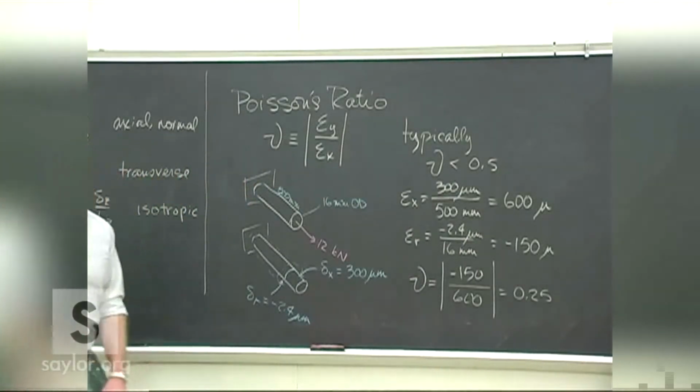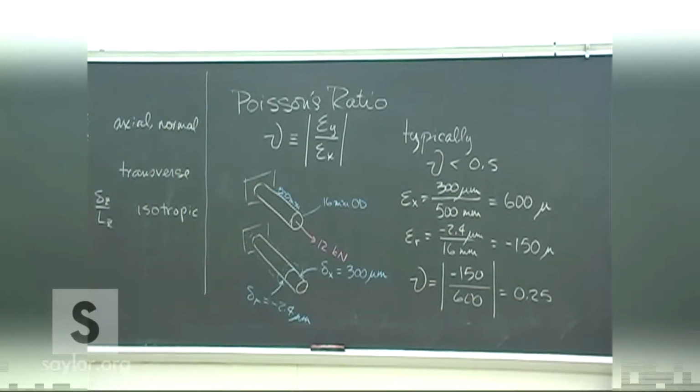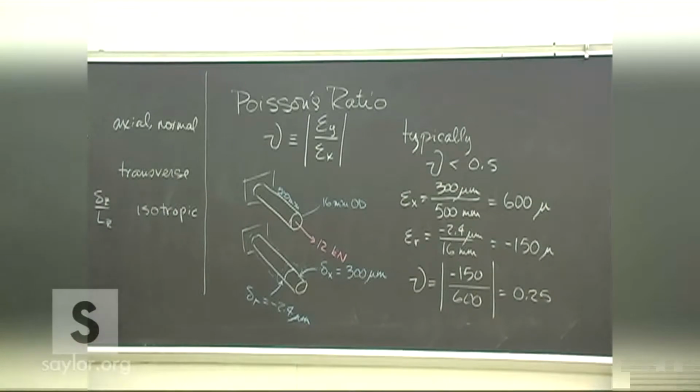We expect that for every unit of axial strain, about 25% of that will be the amount of transverse strain. So simple as that in calculation, simple as that to use.